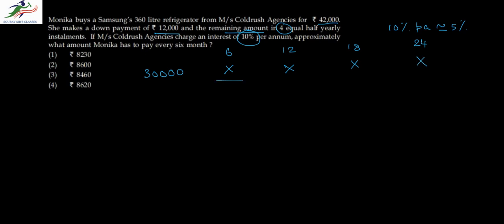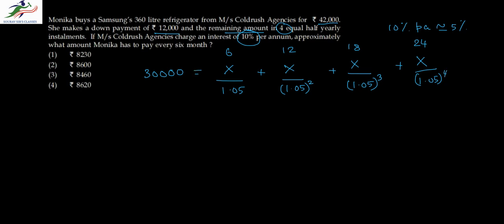Which means if I take the discounted value of all these in today's terms, so X by 1.05 plus X by 1.05 whole square plus X by 1.05 whole cube plus X by 1.05 whole to the power 4 will all add up to 30,000.